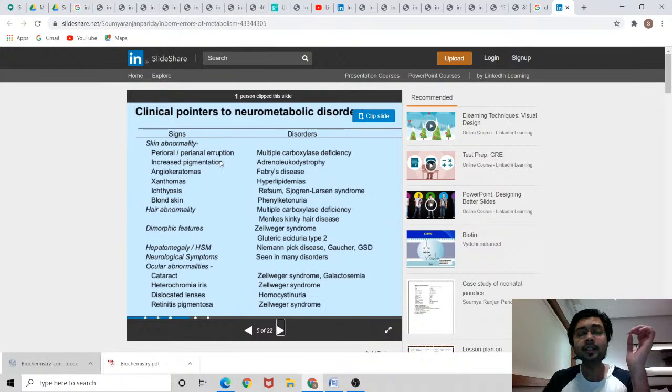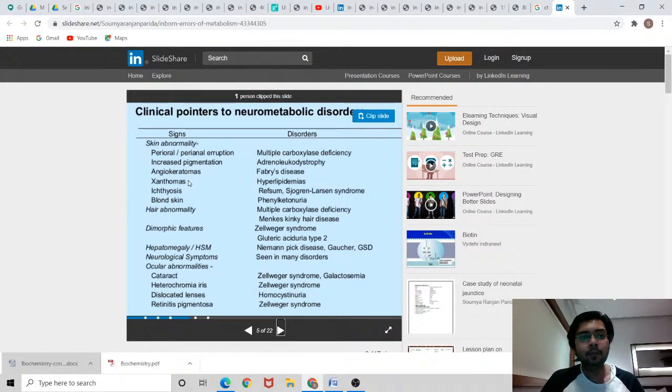Some peculiar symptoms and signs are fixed for a disease. For example, cataract can be seen in Zellweger's syndrome or in galactosemia. So type me which type of cataract you find in galactosemia. Heterochromia iris is again associated with Zellweger syndrome. These are the tricks that you need to find from your question, and you need to think about these diseases.